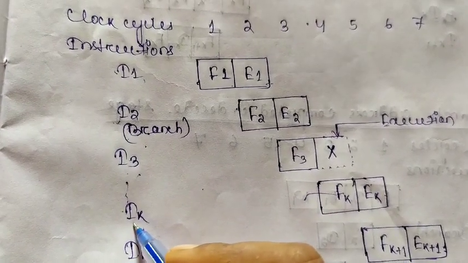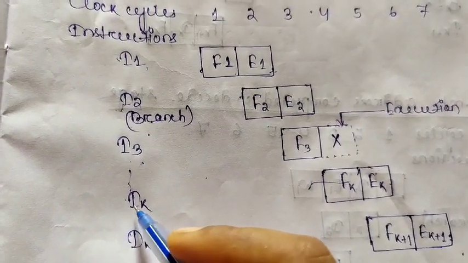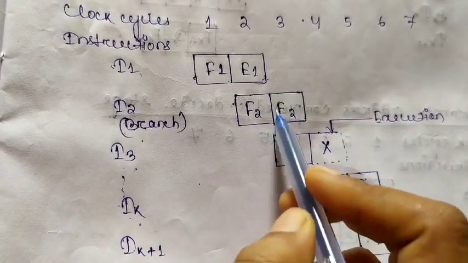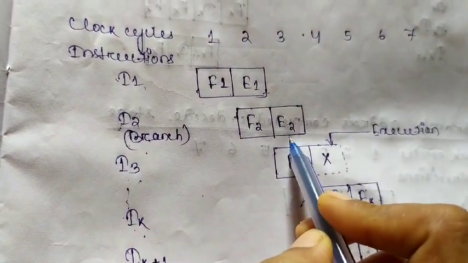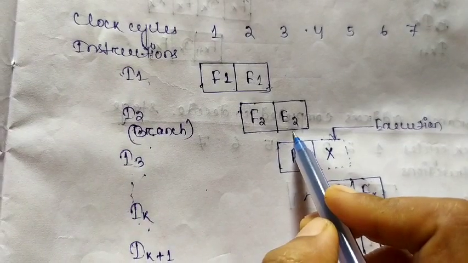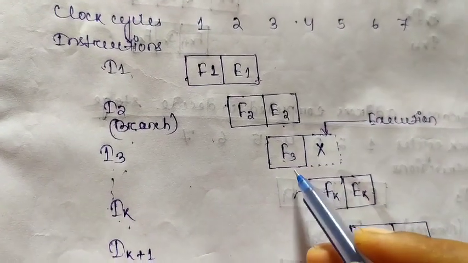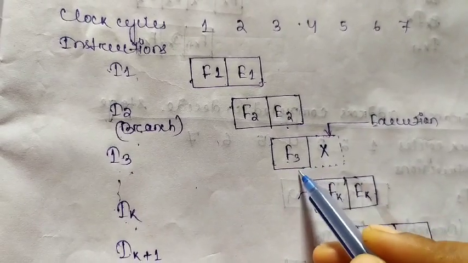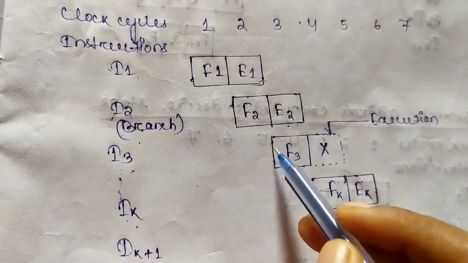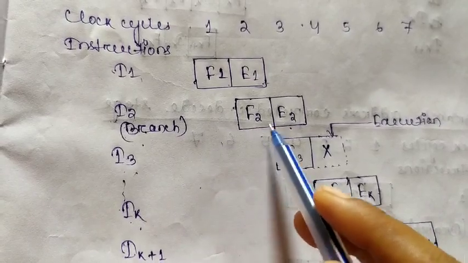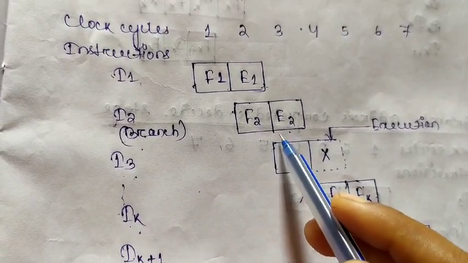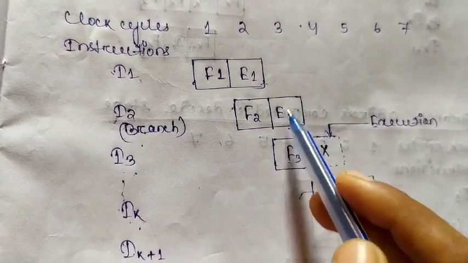In clock cycle 3, the fetch operation for instruction I3 is in progress, and at the same time the branch instruction is being decoded and the target address is computed.